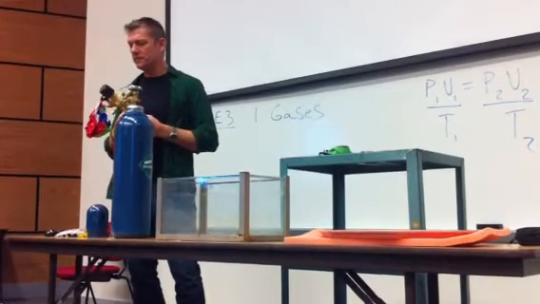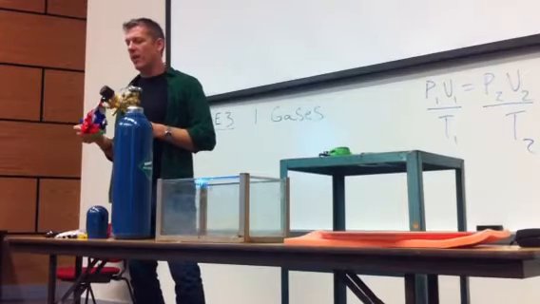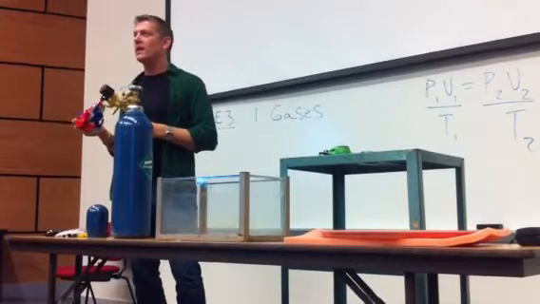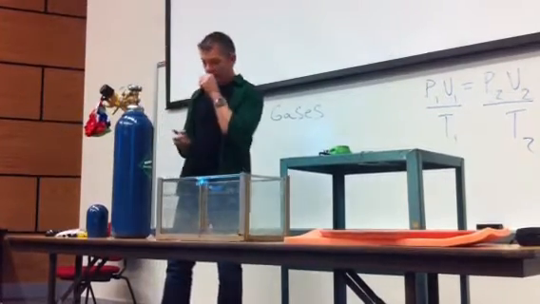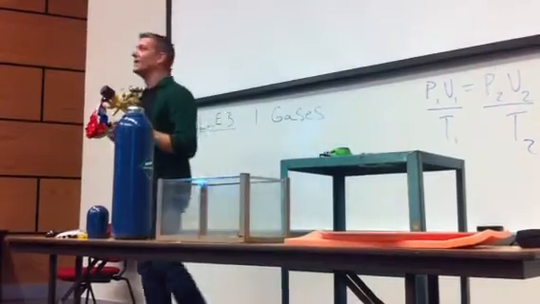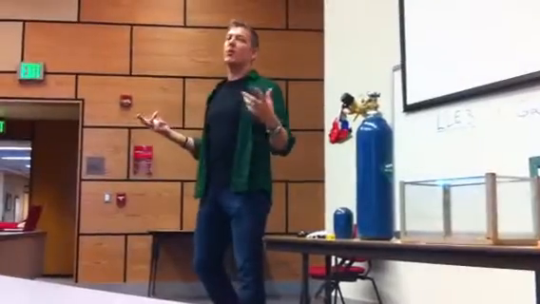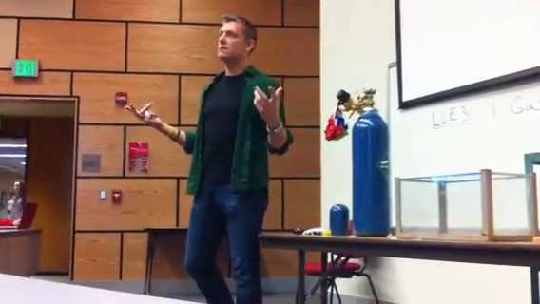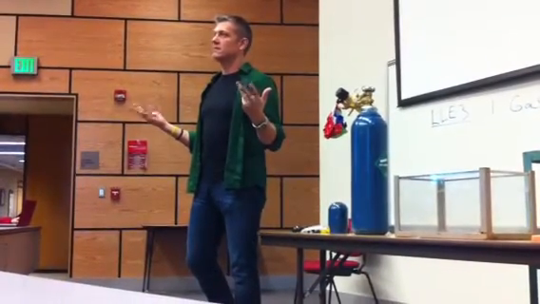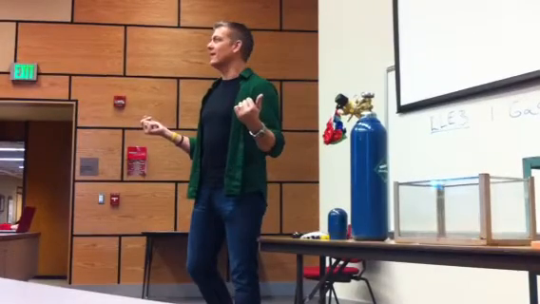didn't it? I have a beach ball, but this beach ball is a little bit unique in that it occupies or holds exactly 1 mole of a gas. What's a mole of anything? 6.022. Exactly.